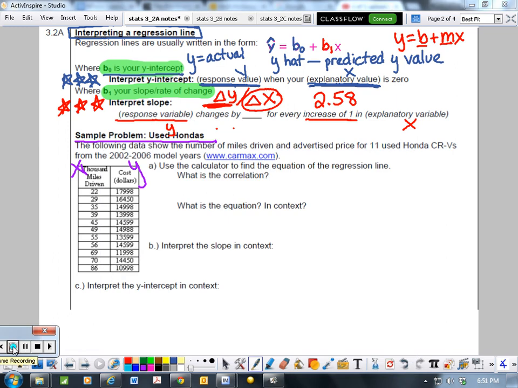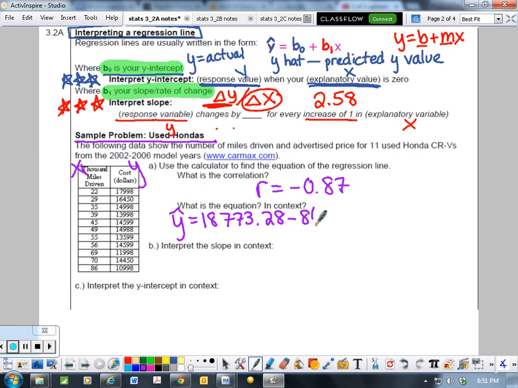Okay, so now we're back to our slide. What is the correlation? We found our R to be negative 0.87. What is the equation in context? Y hat equals 18,773.28 minus 86.18x.